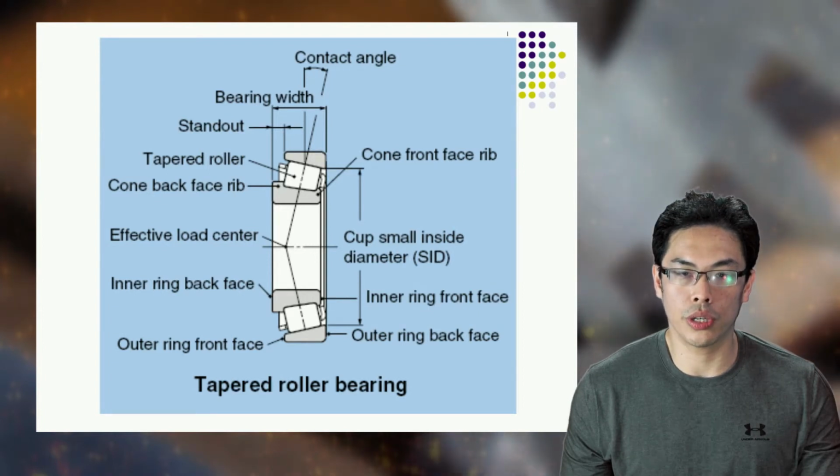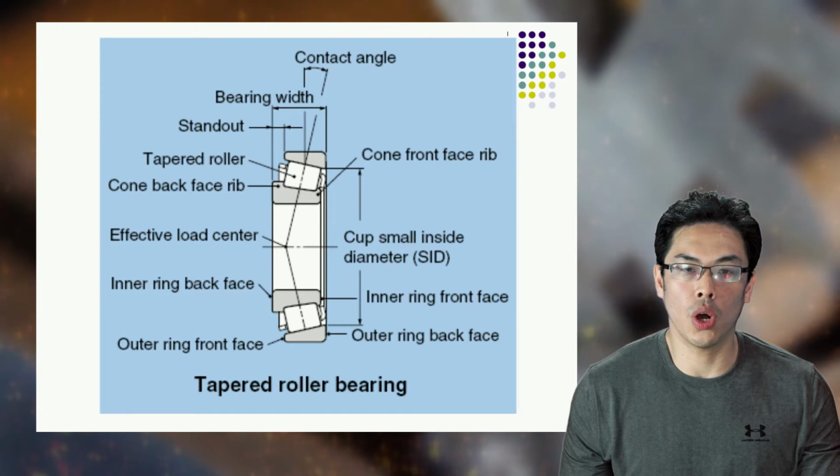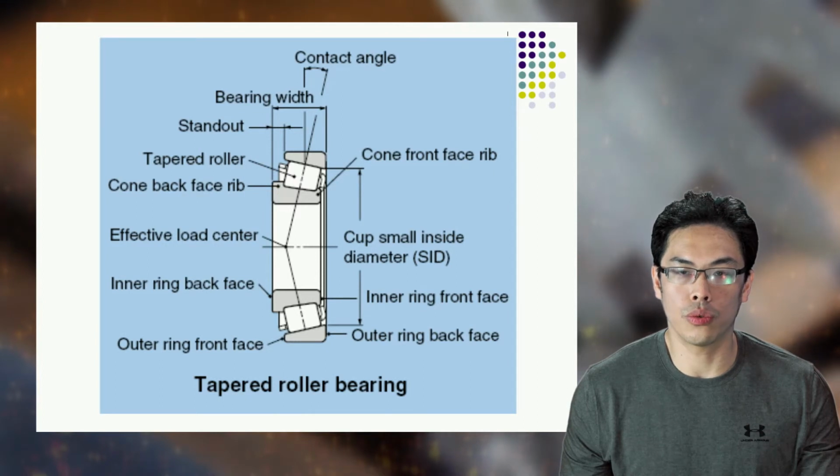This geometry makes the motion of the cones remain coaxial, with no sliding motion between the raceways and the OD of the rollers.